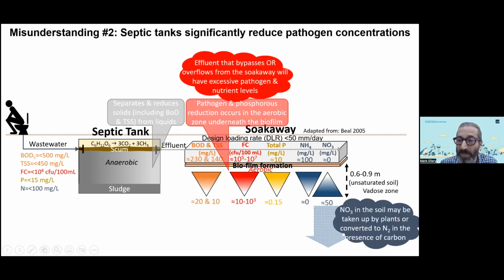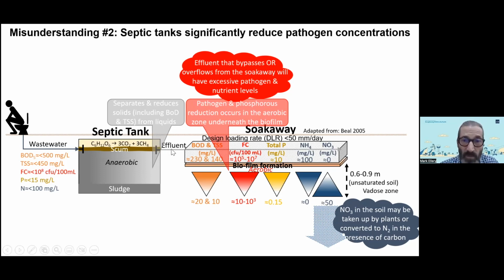The one thing that will get through is nitrogen. However, there are opportunities to design for the uptake of nitrogen, either in plants or in the presence of carbon in anoxic soil. Effluent bypassing a soakaway or removed from the septic tank is extremely dangerous.